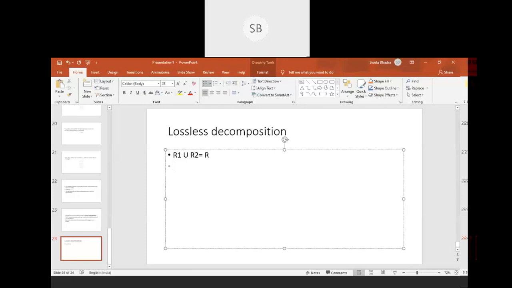Okay, next, R1, how do I write the intersection now? So for now I'm writing in letters only, then later I'll check. Let me use the symbols, just wait.